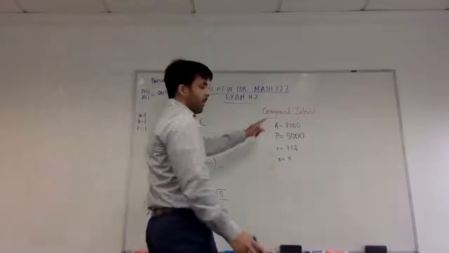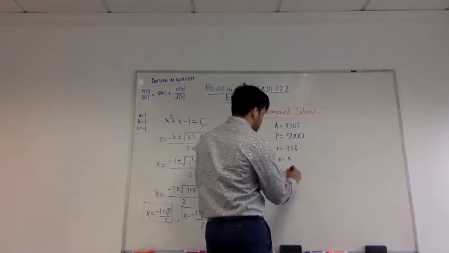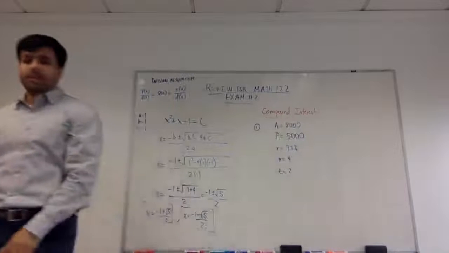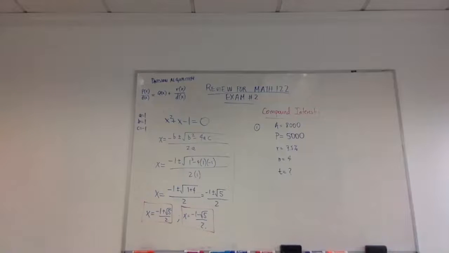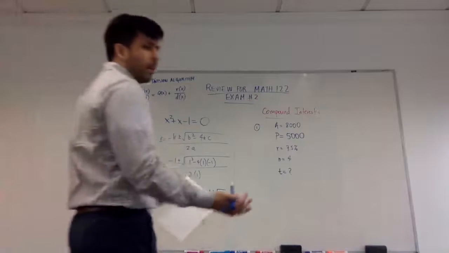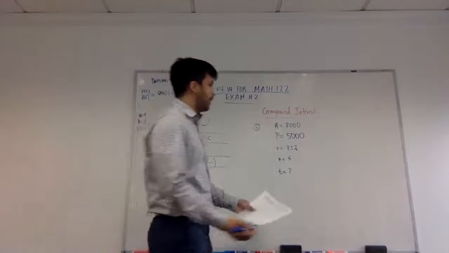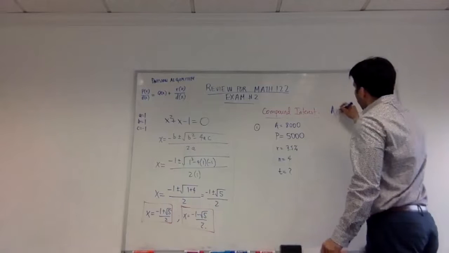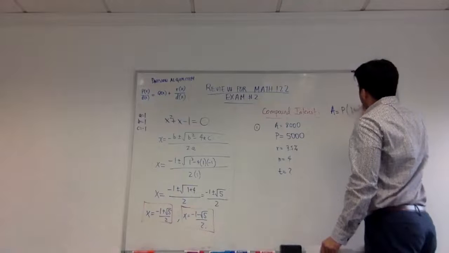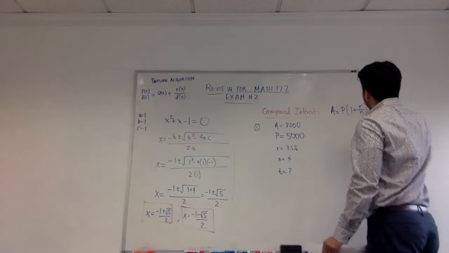Okay. So what I'm looking for here is t. I don't know what t is. So we're going to use my formula for compound interest, which is A equals P times (1 plus r over n) to the nt.